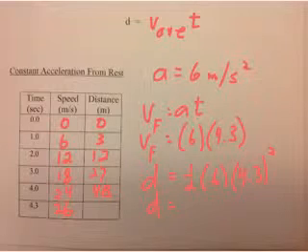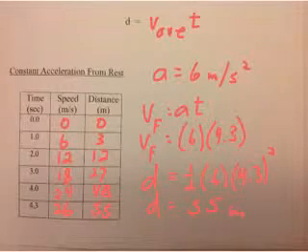So 1/2 times 6 is 3 times the 4.3 squared. Make sure you're only squaring the 4.3. Don't square the 3. Don't multiply the 3 times the 4.3 first. Square the 4.3 first, and then multiply that by the 3. And it comes out to be 55.47, but we should round that off to 55 meters.